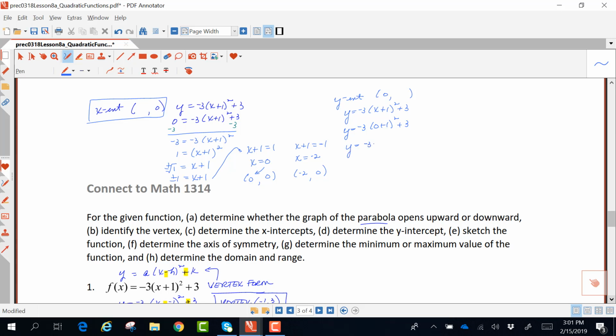This will result in a -3 plus 3, or 0. Again, remember, the y-intercept is the point where the x value is 0, and I have found the y value to also be 0 to match it. So my x-intercepts, there are 2 of them, and I have one y-intercept.